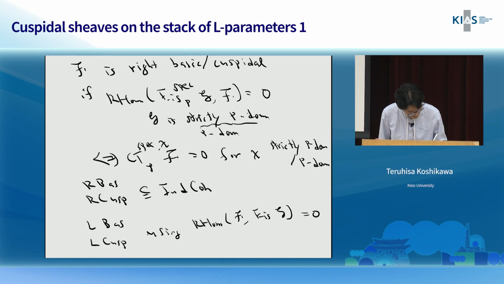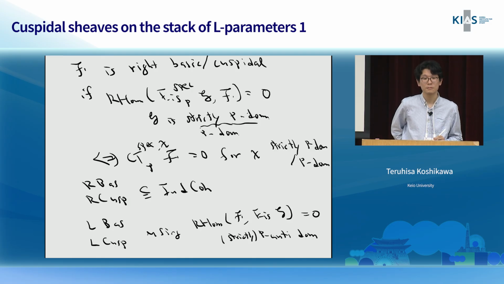But now the condition is anti-dominant. Okay? Is it because you kind of need to change the opposite property?